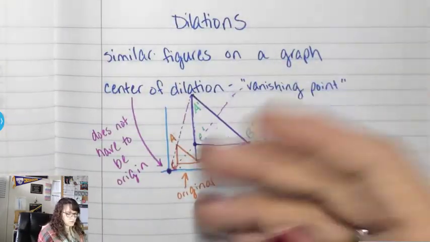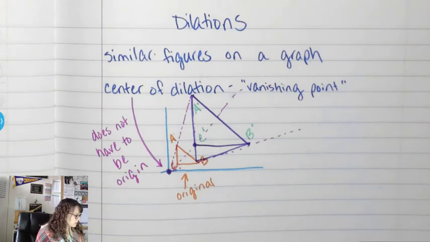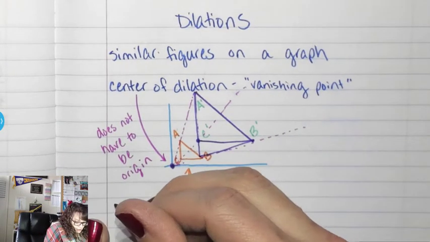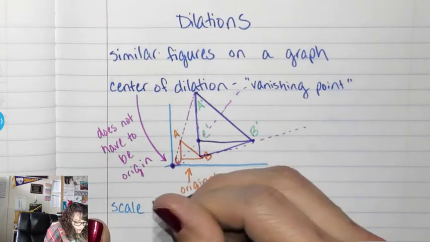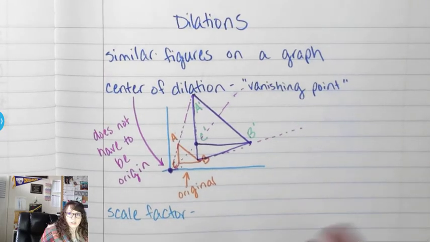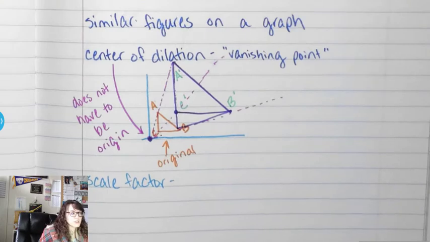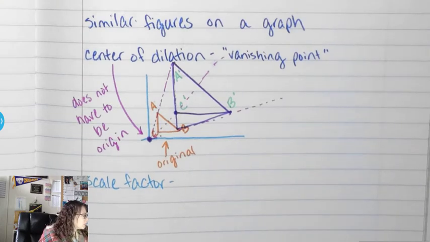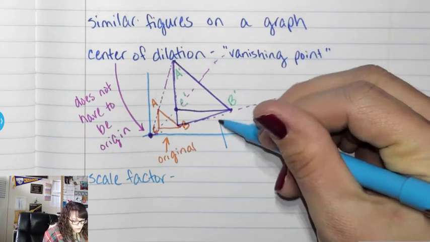All right. Another vocab word. Scale factor. Scale factor is like if you gave a number value to how much you changed it. So if you doubled the size, scale factor is 2. Can we make an arrow saying that the new blue triangle is new? Yes, please do. Original, and this would be new.